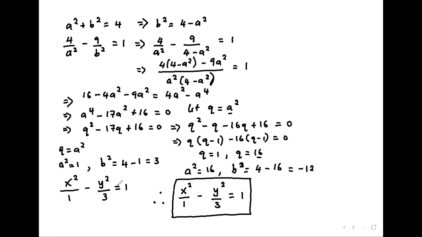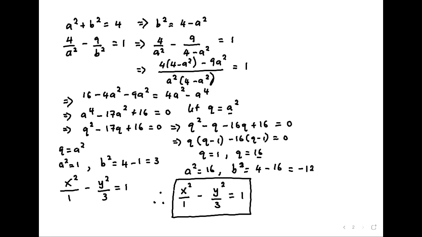We have found the equation. And if you check, the foci here should be plus or minus 2 if you attempted to sketch this. But remember, it will be a squared plus b squared, which is 4. When you root it, you get plus or minus 2.